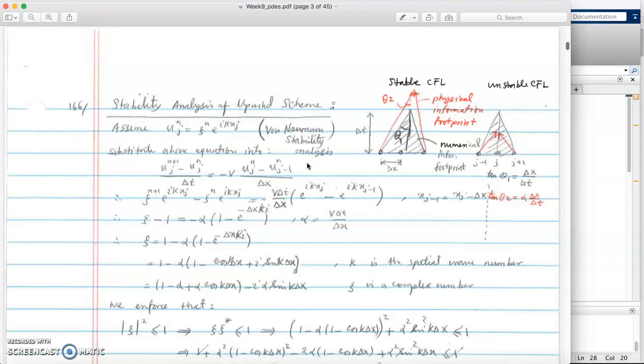On the other side, if the velocity is negative, the flow is from right to left. Then if I'm sitting at point xj, you know the concentration at j plus 1, because velocity is coming from right to left.